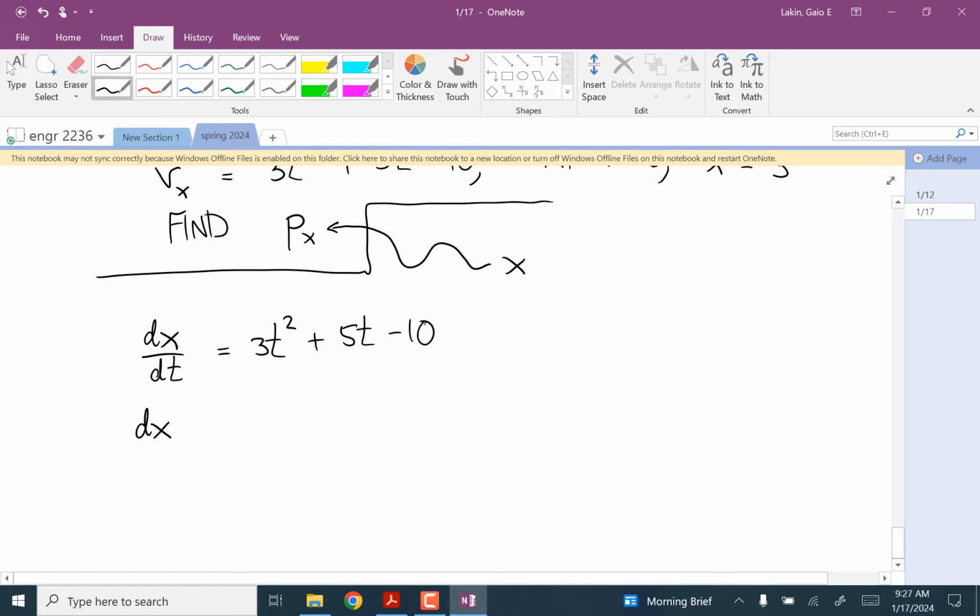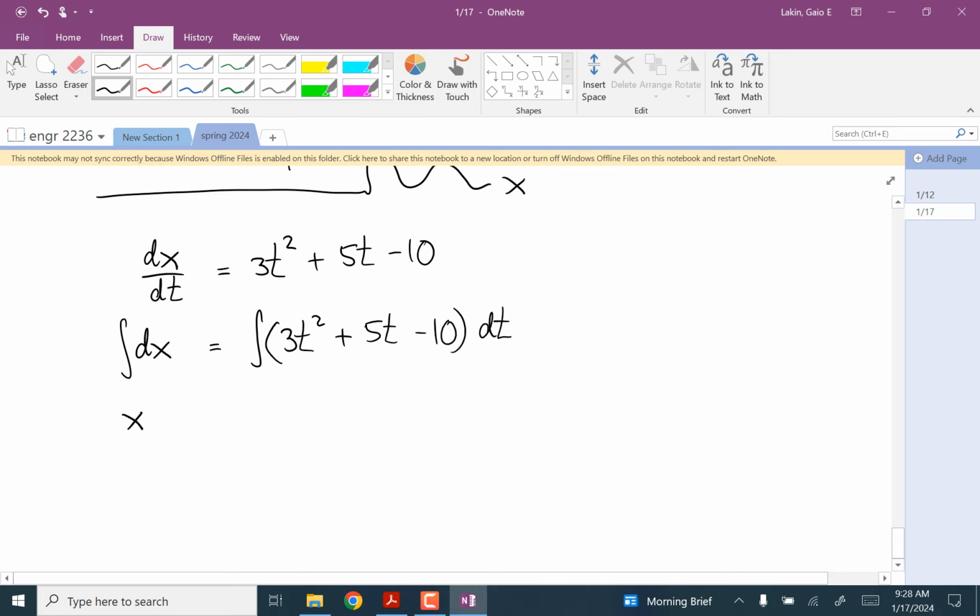And so dx is equal to 3t squared plus 5t minus 10 dt. And now you can integrate both sides.